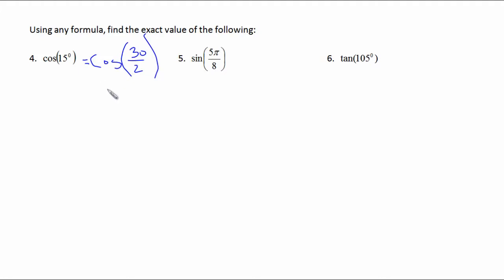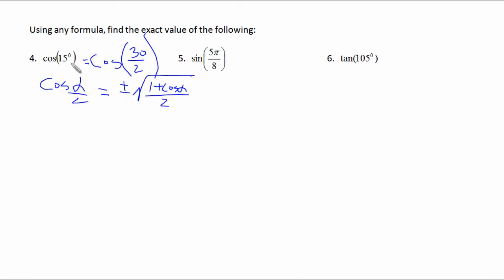And I do know what the cosine of 30 degrees is. So I'll write out my formula here. The cosine of alpha over 2 equals plus or minus the radical of 1 plus cosine alpha over 2.